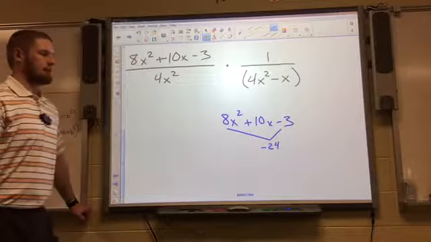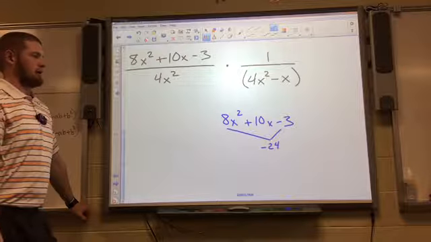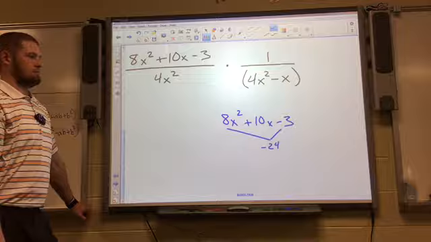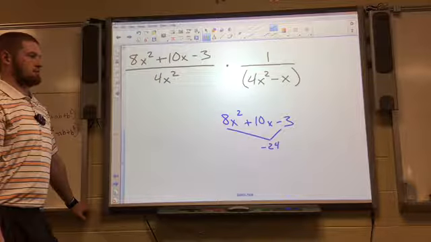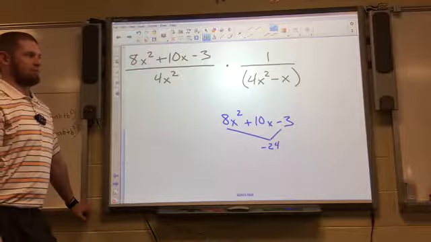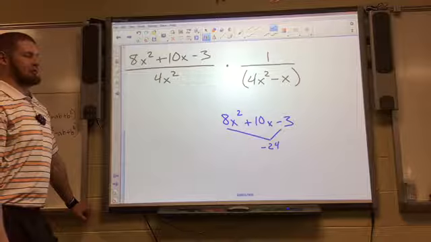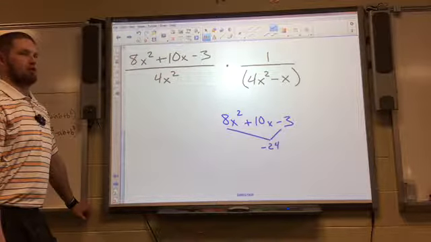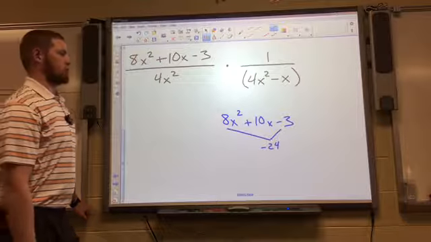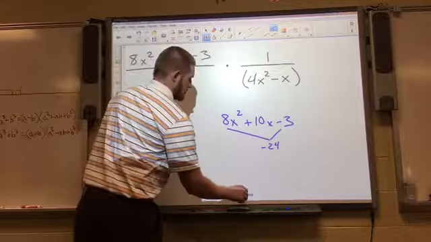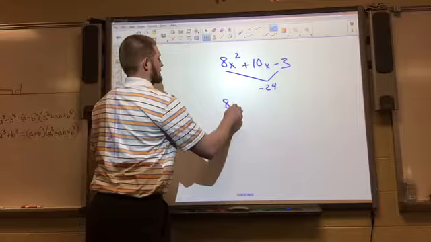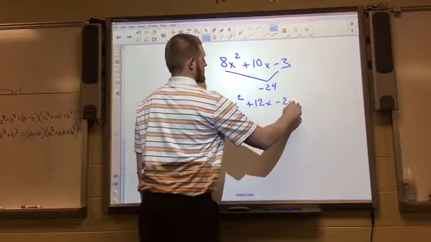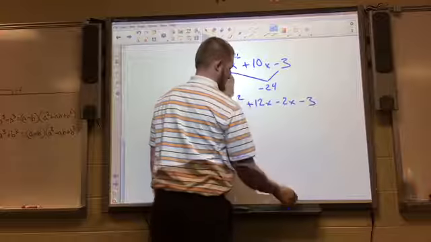What multiplies to negative 24 and adds to positive 10? What else multiplies to negative 24? 12 and negative 2. So I have 8x squared plus 12x minus 2x minus 3.